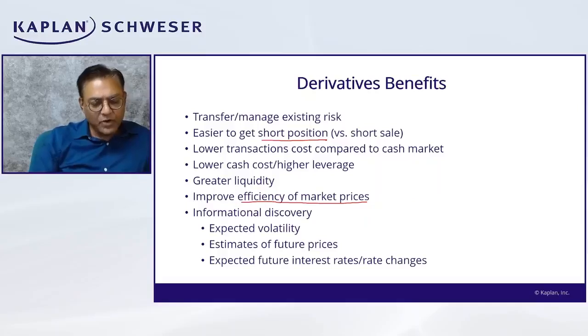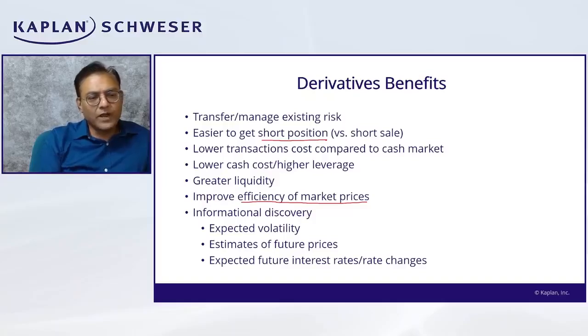And when a price mismatch occurs, there is an opportunity for an arbitrage profit. When the arbitrageurs enter into the market, they will force the market prices to change to eventually become arbitrage free, and that therefore improves efficiency.